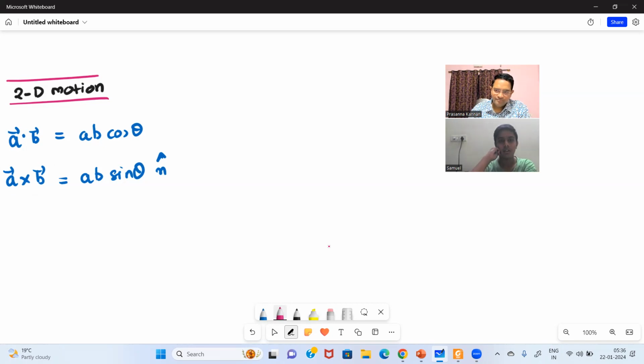Y-axis. No. Who told you Y axis? It all depends on where A and B are, right? If A is along X axis and B is along Y axis, A cross B is not on the Y axis.